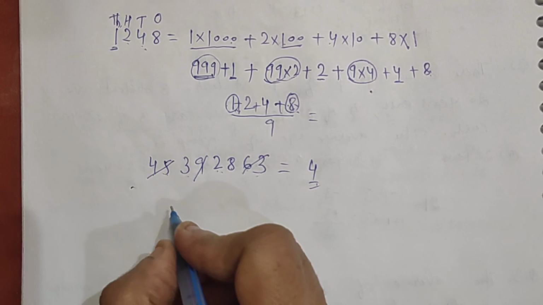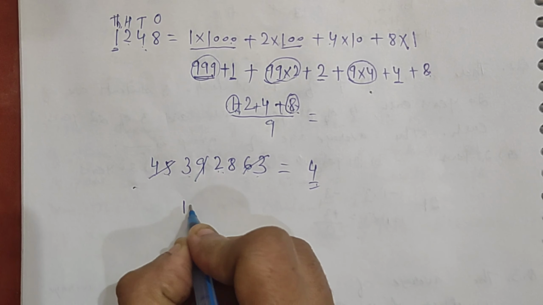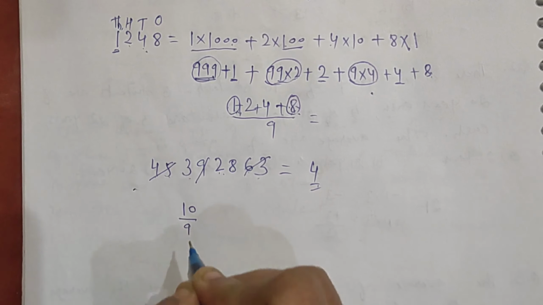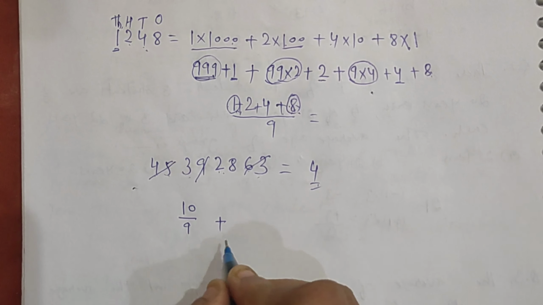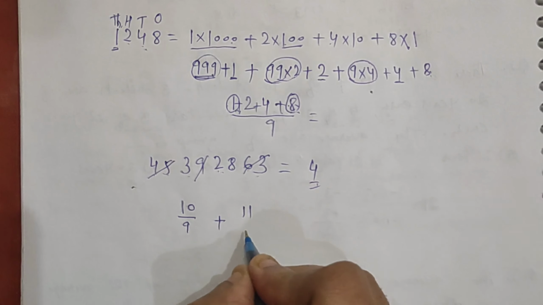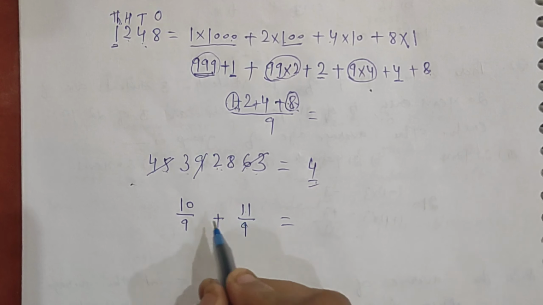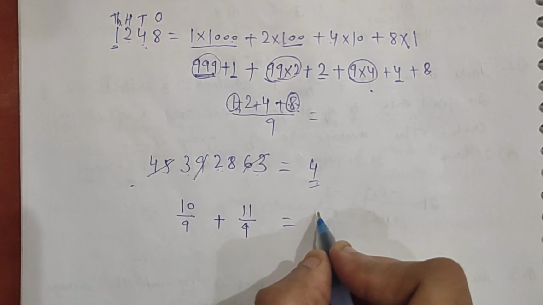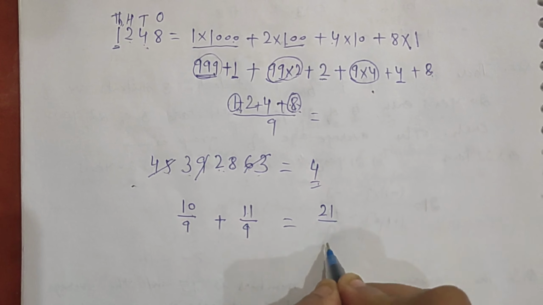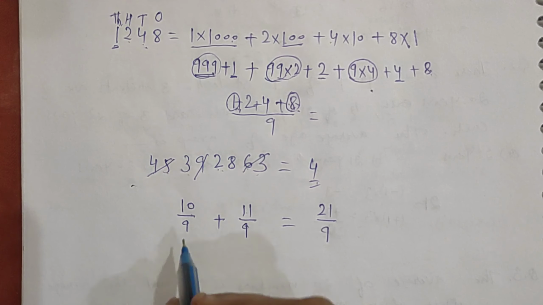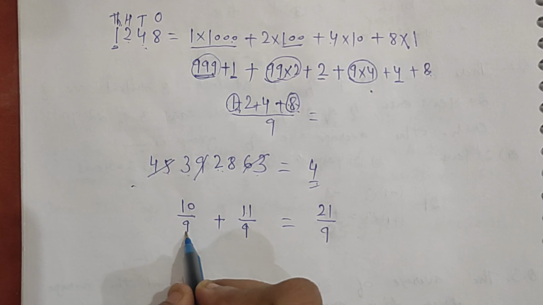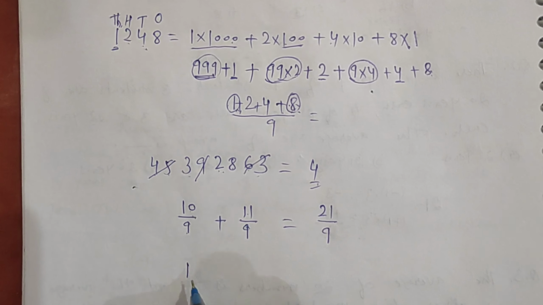Suppose there is one number like 10 which I am dividing by 9, and here is one more number 11 which I am dividing by 9, and 11 plus 10 becomes 21. Suppose I divide this by 9. If I am dividing 10 by 9, what is my remainder? 1.